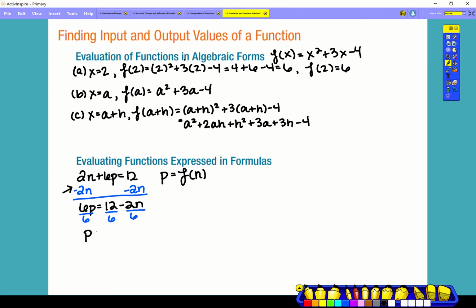And that gives me p is equal to 12 divided by 6 is 2. Minus 2 over 6 is actually 1/3 n. And this is this. There we go.